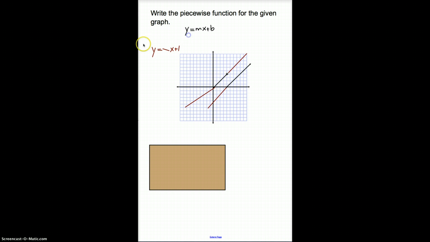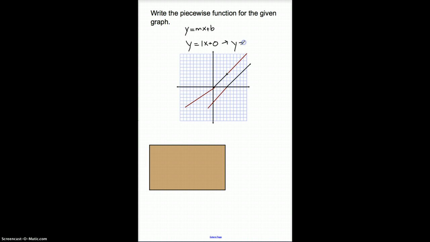So the slope's 1 and the y-intercept is 0. So y equals 1x plus 0, or just x. So just for this part, we're going to have the graph y equals x.